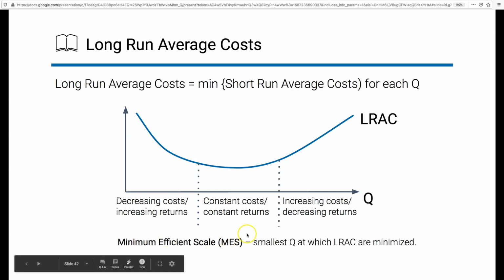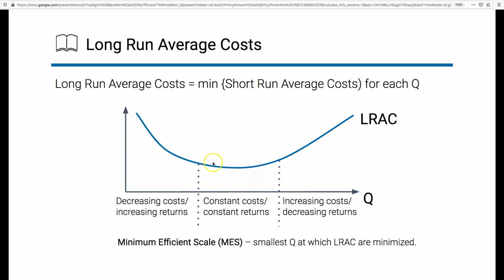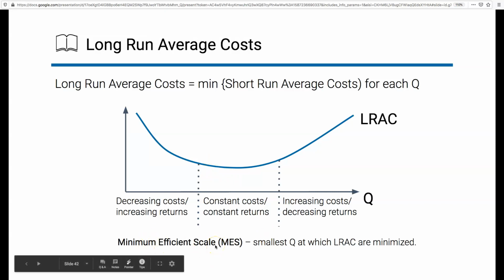Minimum efficient scale: smallest Q at which long run average costs are minimized. So it has to be somewhere in the constant costs region, somewhere here. Okay, remember the minimum efficient scale because we're going to use it in our next video. Thank you.